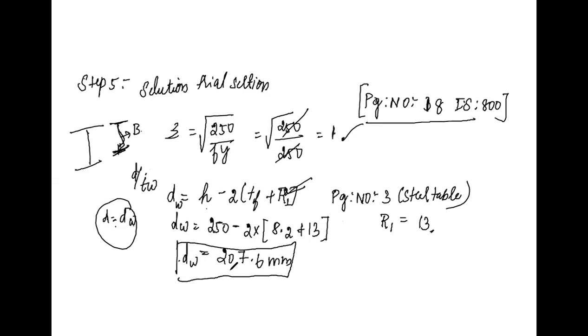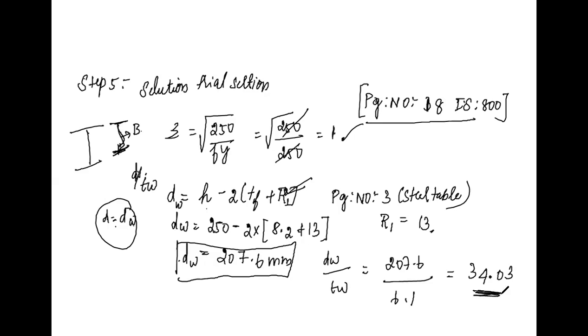Substitute this dW in this formula. So the value of dW by TW is equal to 207.6 divided by 6.1. So we get 34.03.